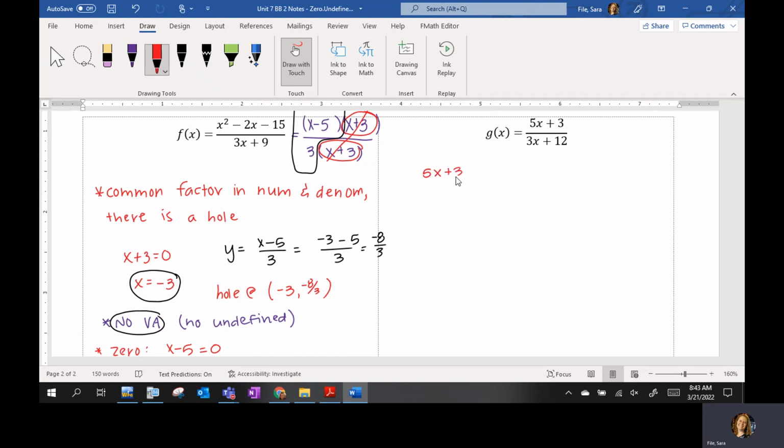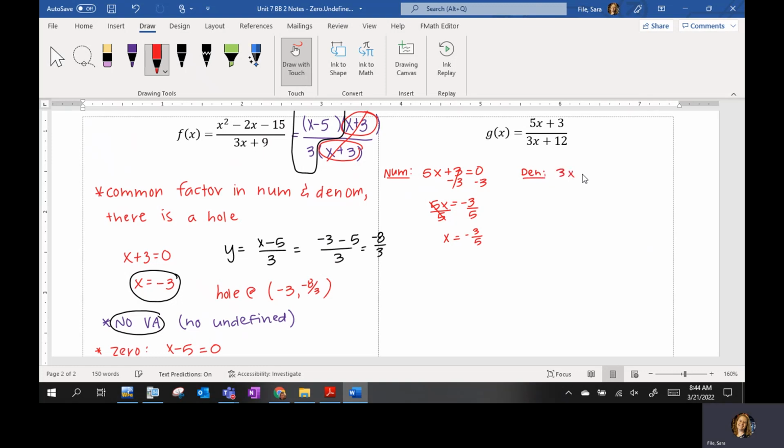So I set the numerator equal to 0. Which I would have to subtract the 3. And then divide out the 5. Okay, so that's where the numerator equals 0. And then we could check the denominator separately.